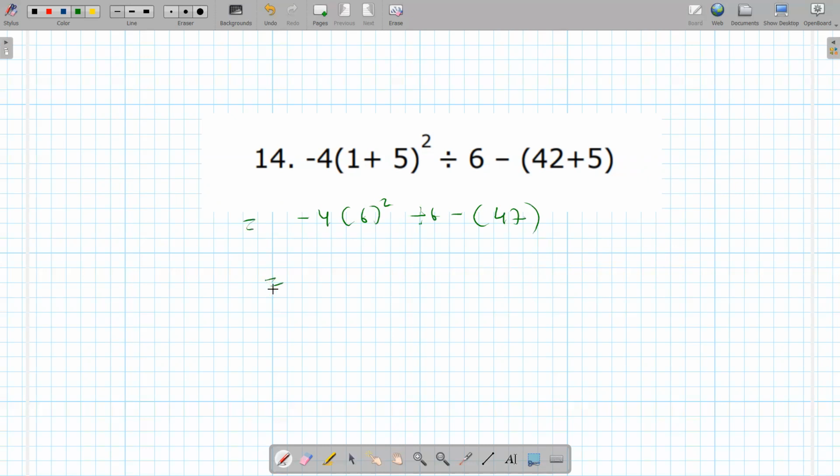And then 6 to the power of 2 is 36. Yeah. So -4 times 36 divided by 6 minus 47. Would you times or would you divide first? You could divide, but leave it as a fraction, or reduce it if you want to divide it.